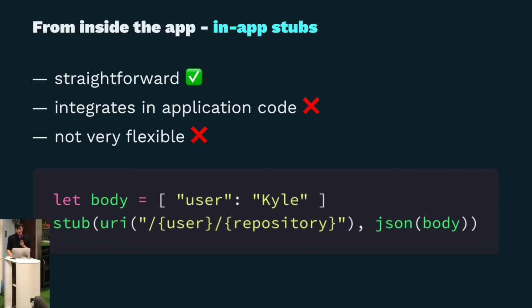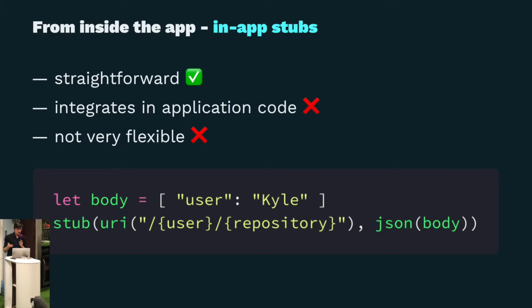The idea is that you register a custom URL protocol that intercepts all the HTTP requests, and then it can return JSON stubs instead of making a real request. Here's, for example, a piece of code from, I think, Mockingjay. Every time there is a request to an endpoint described by this URL, it will return your stub data.